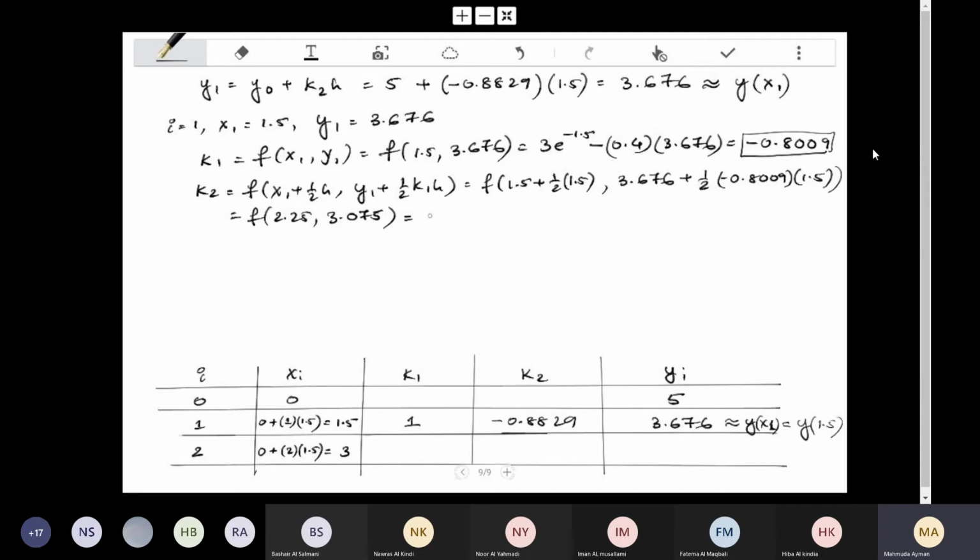Okay, so we put this value now here. We have 3e to the power minus 2.25 and minus 0.4 times y, that's 3.075. We'll have the value as minus 0.9138 here.